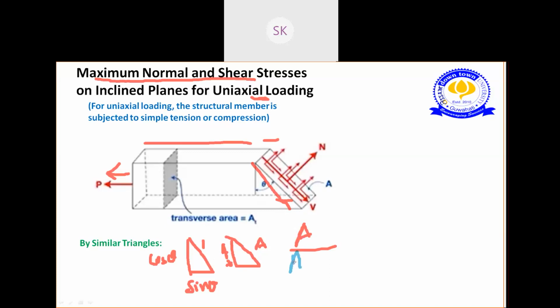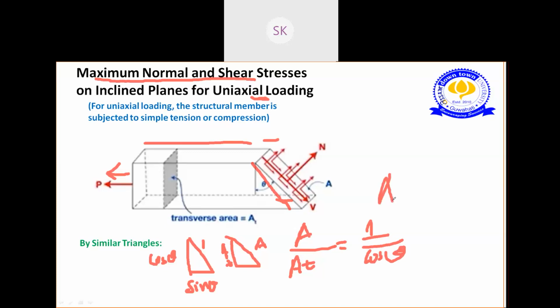If we relate these two similar triangles, A divided by AT equals the corresponding 1 divided by cos theta.